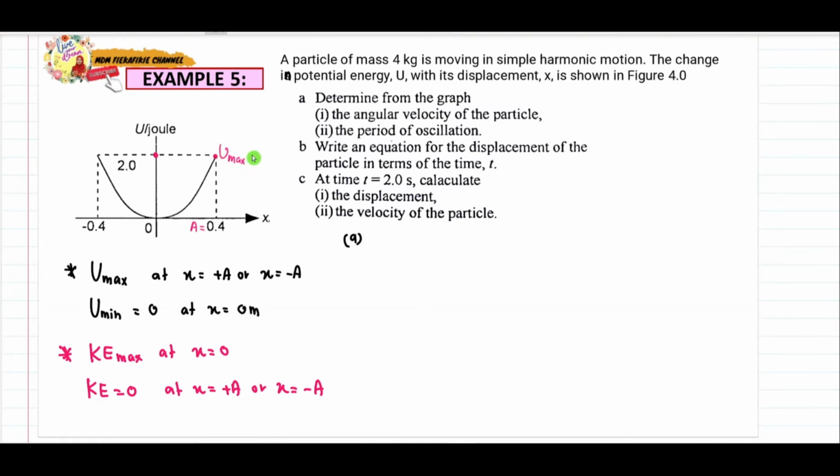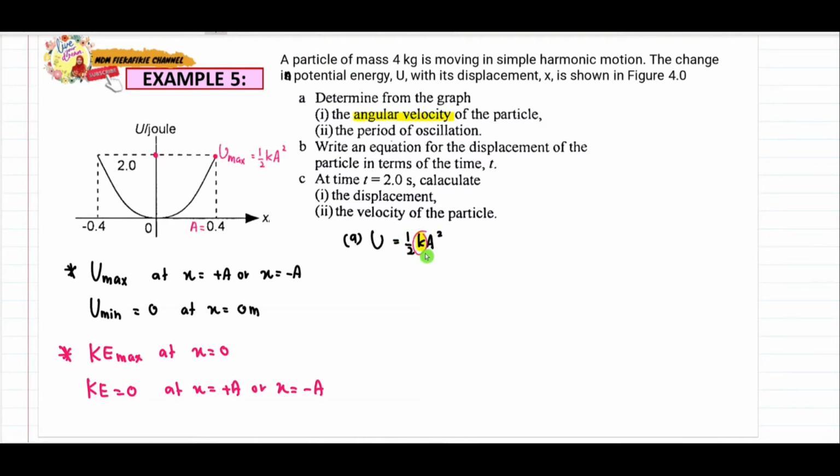Where the equation of U is equal to half K A squared. So, bila saya tulis dekat sini, U is equal to half K A squared. Tetapi, soalan tanya saya angular velocity omega. So, kita boleh gantikan K is equal to M omega squared. Saya dah ingatkan sebelum ni kan?